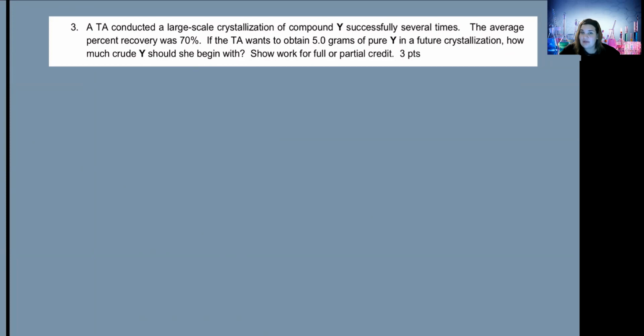Okay, you guys see how they turn the tables on us here? Kind of interesting. So in this case, we're actually given the percent recovery, and we're given the grams of pure. They want crude. So remember, it's pure over crude times 100%. So in this case, we have the pure. The pure is 5 grams.